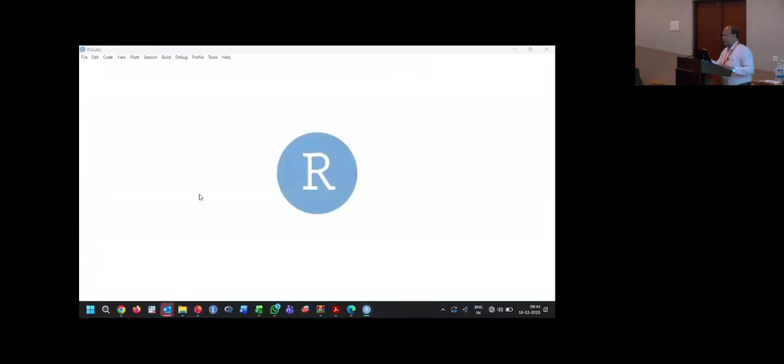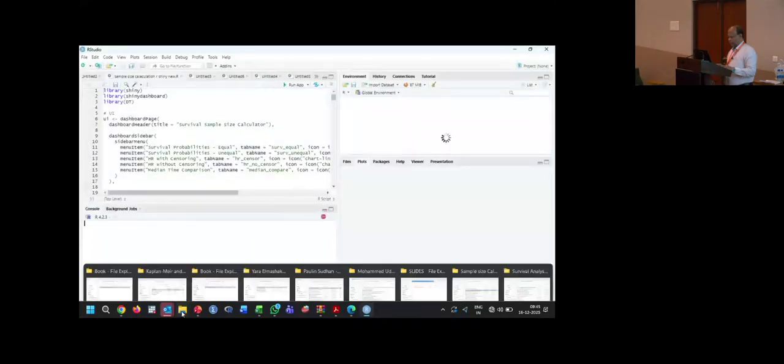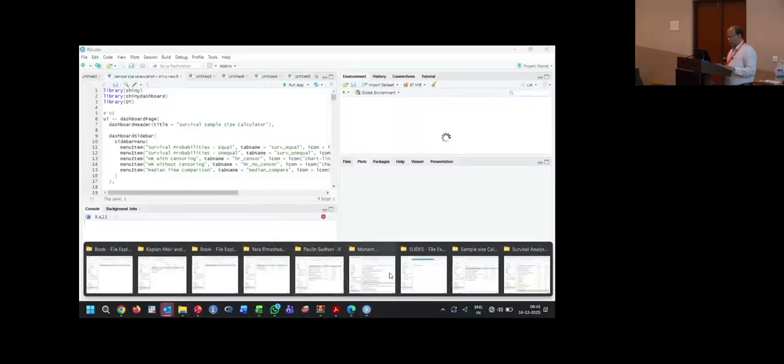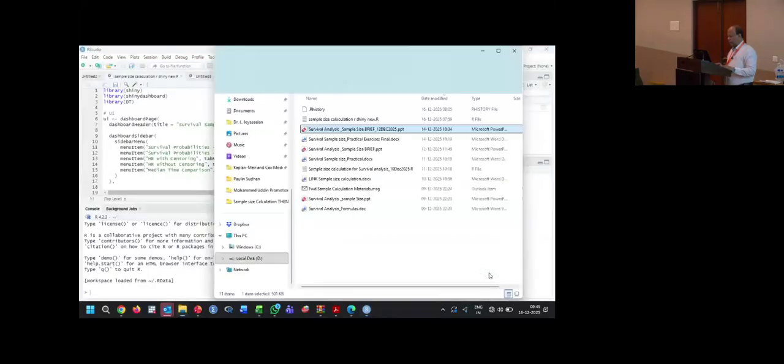We are going to use Shiny for sample size calculation using these three parameters. Open the software, that is a program that is there.